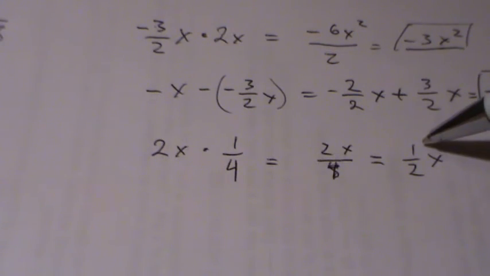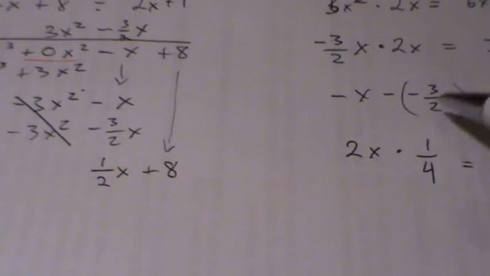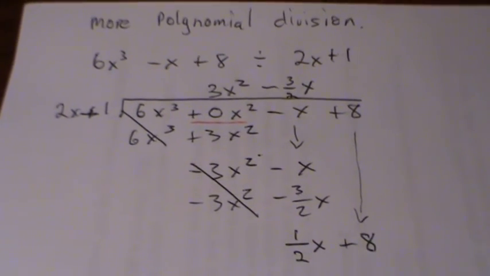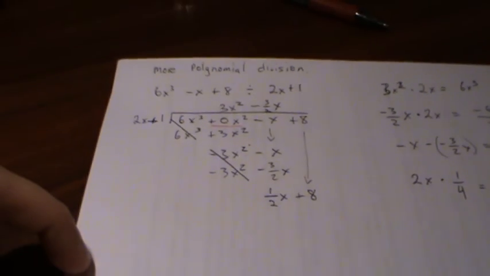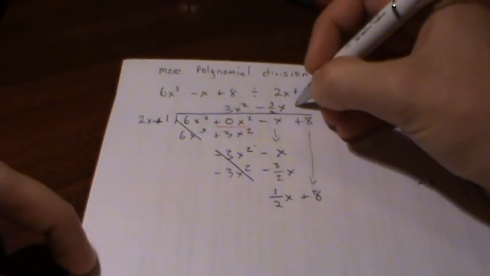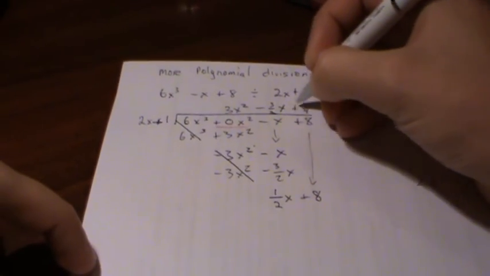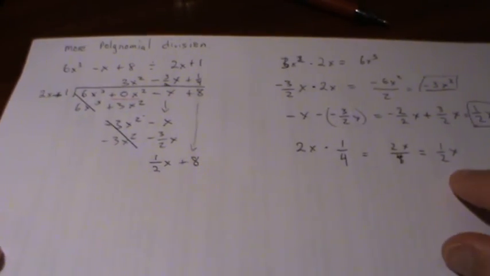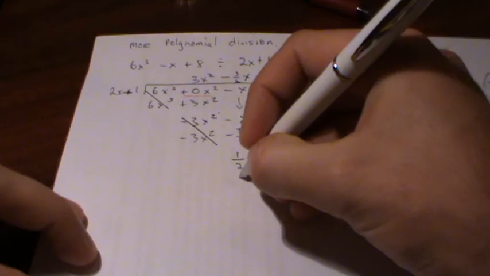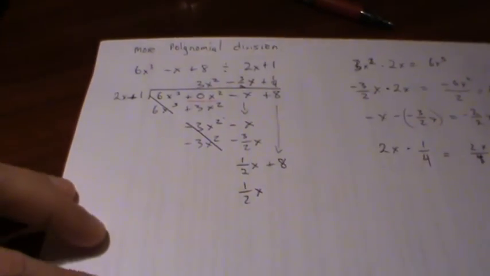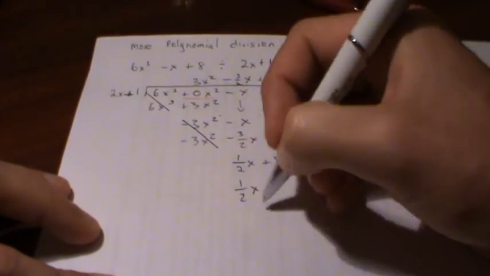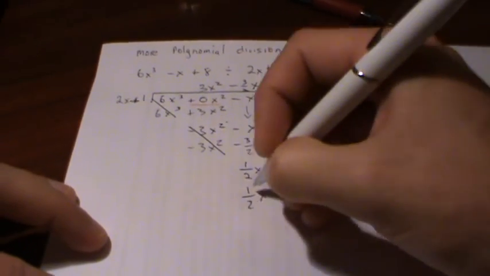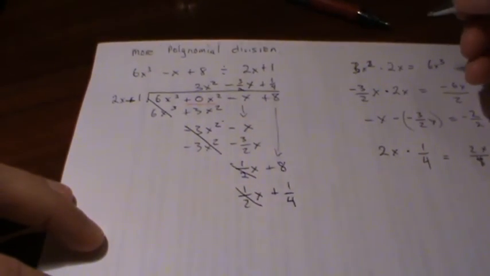Right there. And so I multiply it by a positive 1/4. 1/4 times 2x we just discovered was 1 half x. And that's what we want, because we want these to cancel. Then I got 1/4 times 1 is plus 1/4. Those cancel.